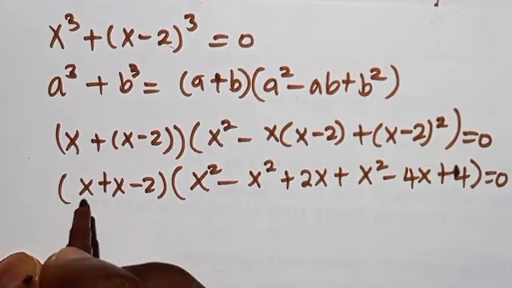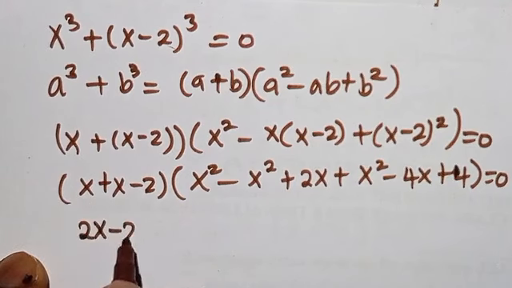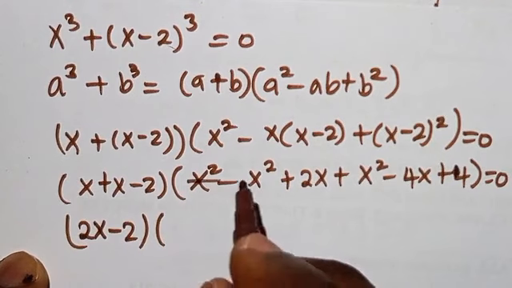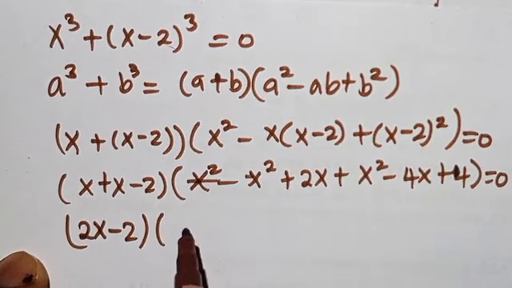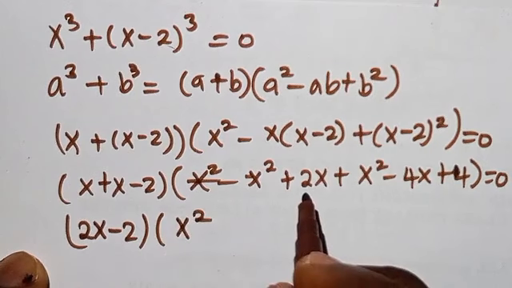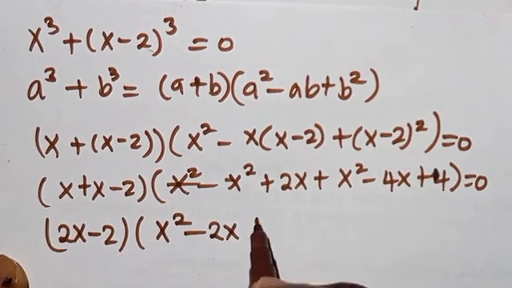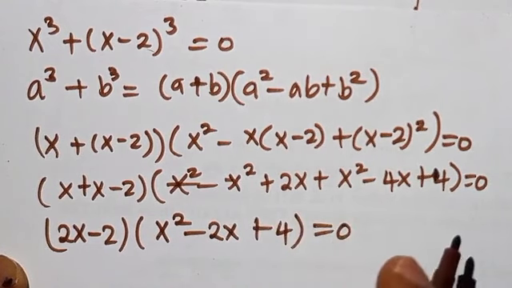So now from here, x plus x, we have 2x minus 2. Then we have x squared minus x squared, we cancel this. We have x squared left. Then 2x minus 4x, we have minus 2x. Then we have plus 4, then equals 0.